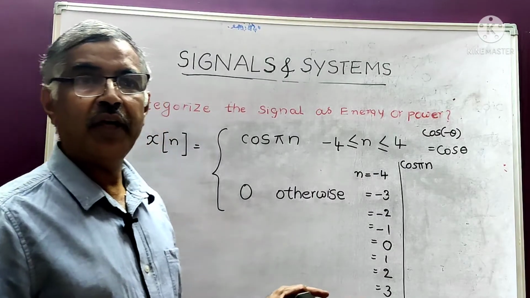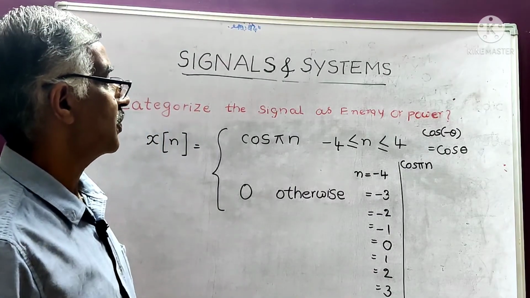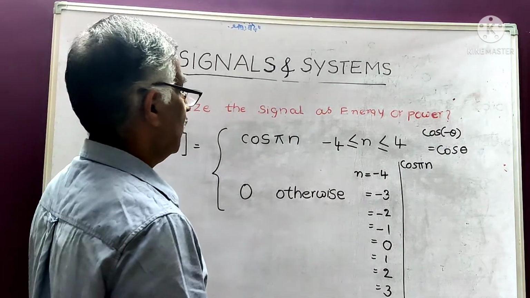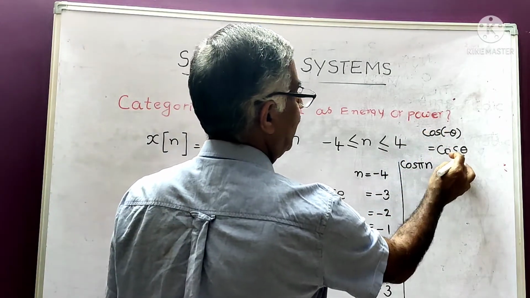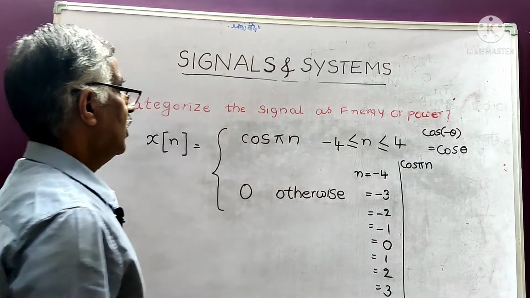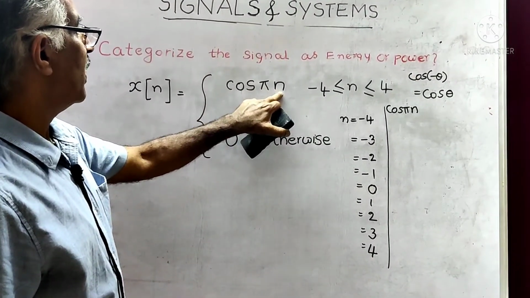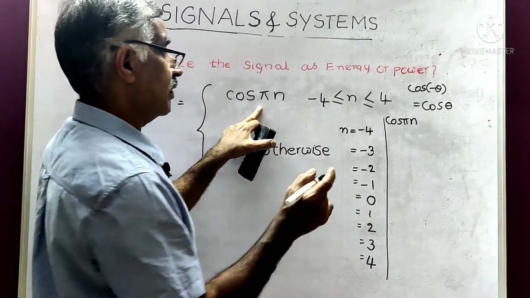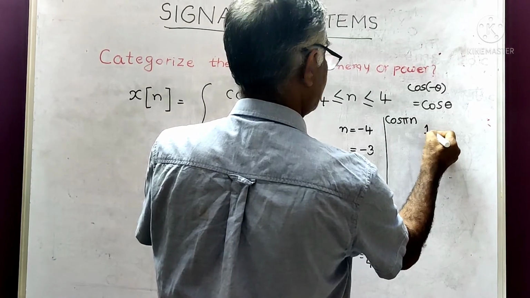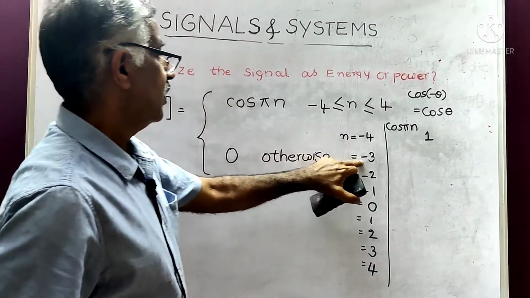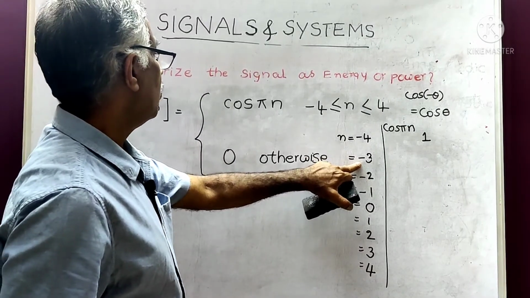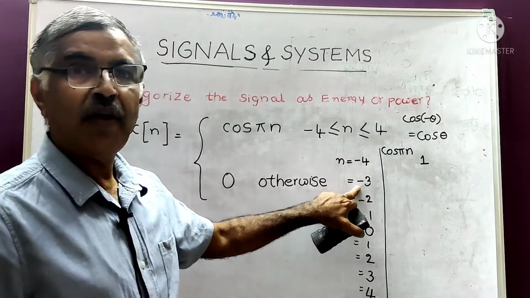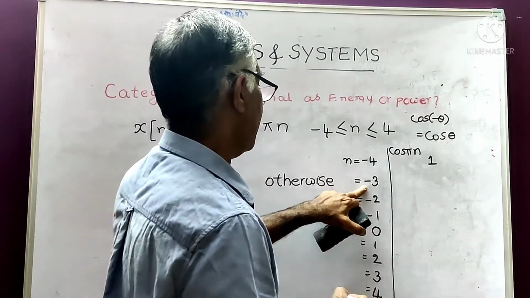Now before going into summation, let us sketch the function cos pi n, giving values to n from -4 to +4. First, n equal to -4: even multiples of pi, cosine of that is 1. Next, n equal to -3: odd multiple of pi is -1.